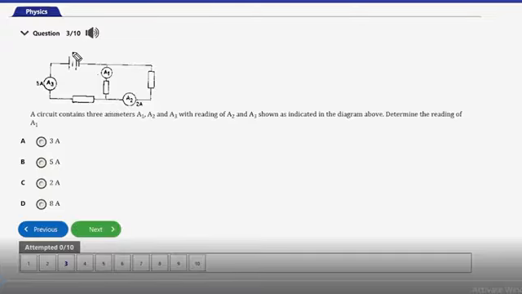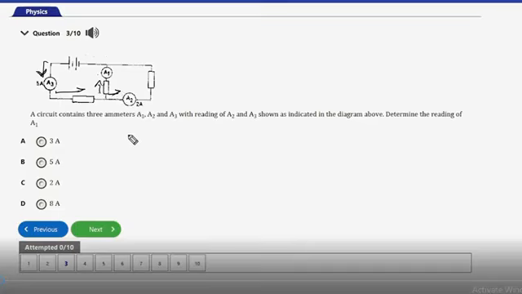So guys, if the current should flow this way, of course it will actually get here as 5 amps, then move towards here. So let's notice that the current will split this way and then get to A2 and then A1.